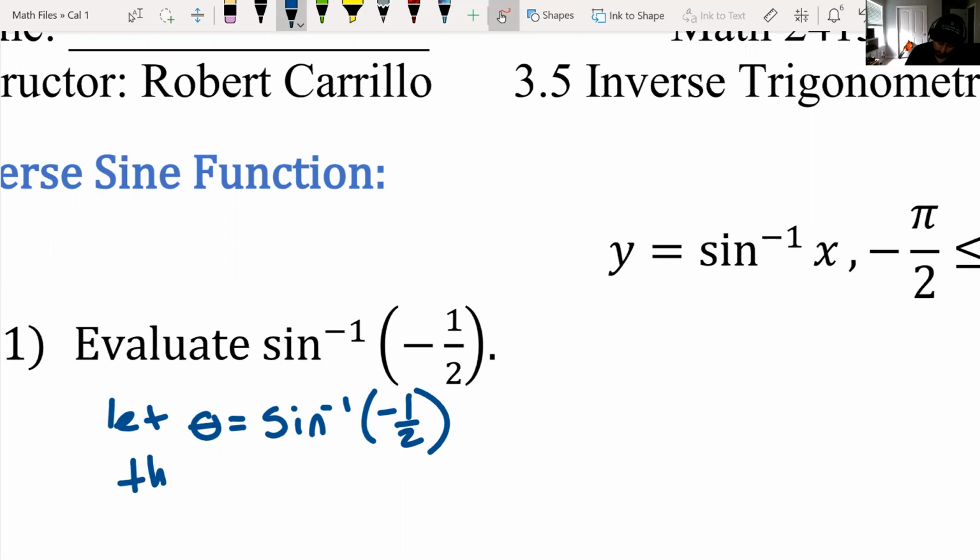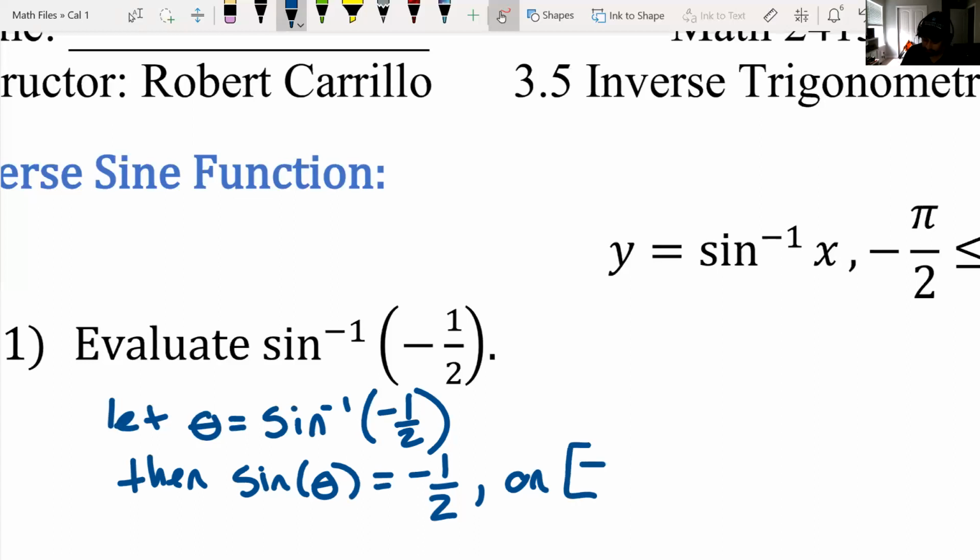So then sine theta equals negative 1/2, but we have to make sure that the value for theta is on these restrictions, negative pi over 2 to pi over 2.